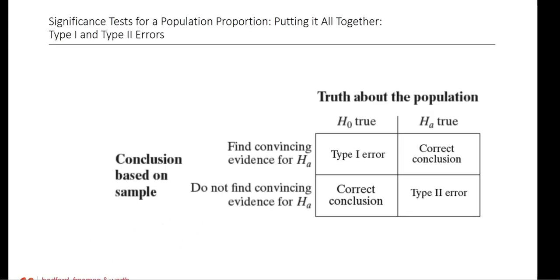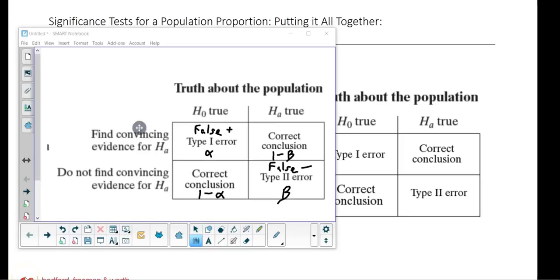Let me stop this for a second. I really want you to add these words to that chart. So top left, not only is that a type 1 error, that's what's called a false positive, right? We get a positive test result, but actually the null was true.